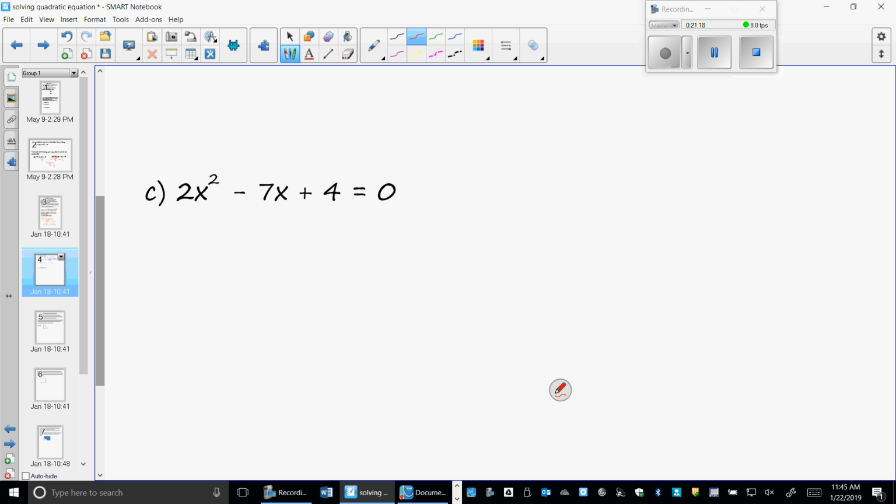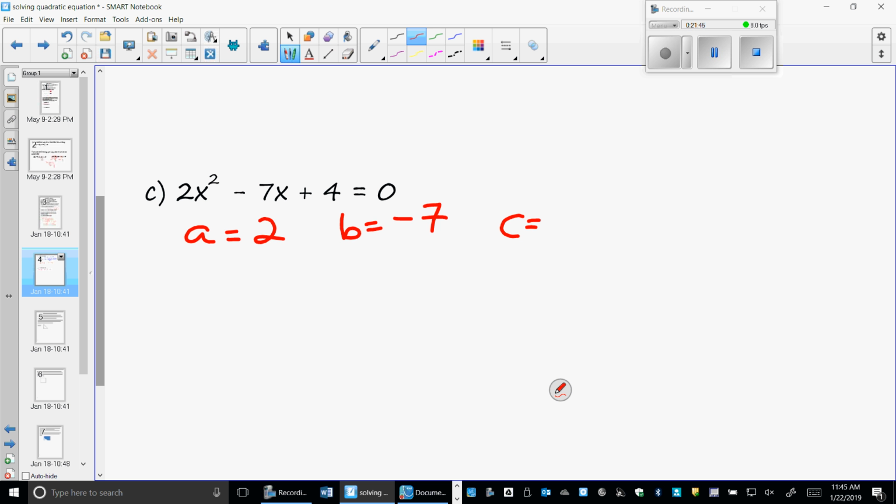Let's do this one. And you can go ahead and do this on your own. Make sure you've got the right answer. So, is it equal to 0? Yes. So we find our values. A is 2, B is negative 7. When we're identifying A, B, and C, we take the number as they are.